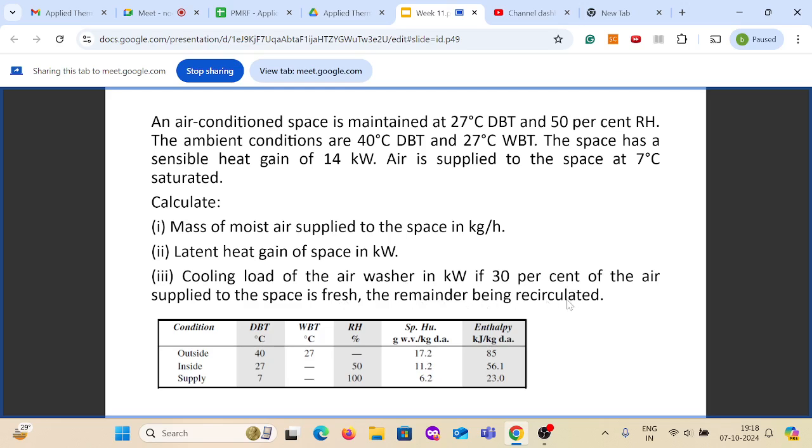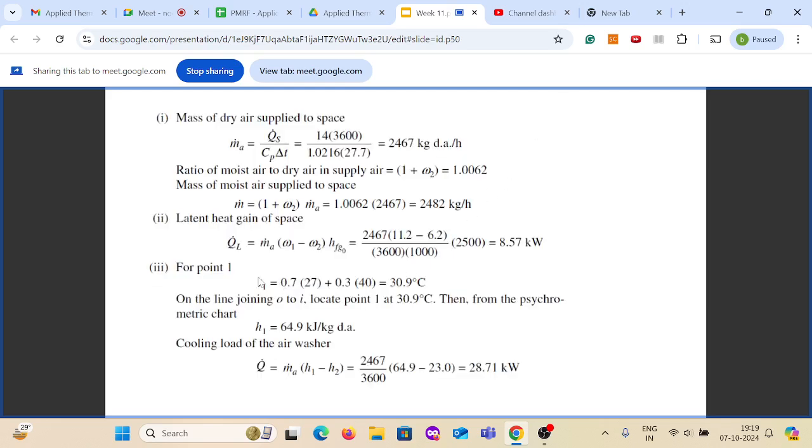So now we are mixing 30% of fresh air which is coming at 40 degrees Celsius and the remainder is the recirculated air which is coming at 27 degrees Celsius. So the mixture temperature, mixed in 70 and 30% proportion, will be 30.9 degrees Celsius.